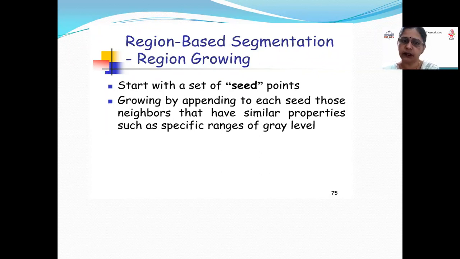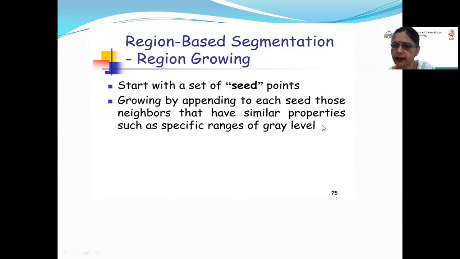If it is similar, we merge it into that region, or label it with the same label. When the pixel is not similar, we label it with some other label. Once we get the neighbors which are similar, we repeat the process for each and every neighboring pixel which is similar to the seed pixel.